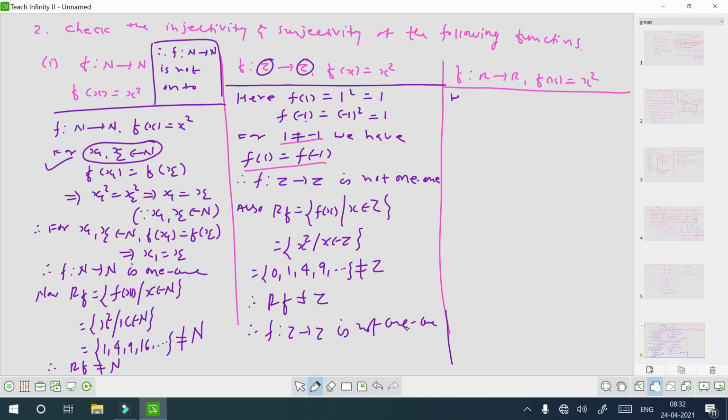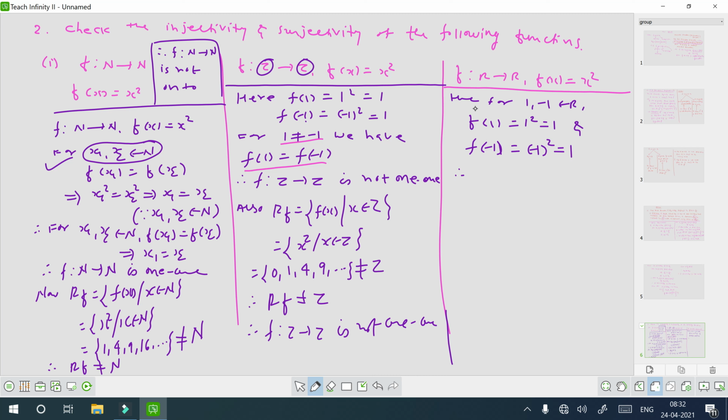Same way, here you can take any real number, positive or negative, and the square always gives us a positive number. For 1 and minus 1 belonging to R, f of 1 is equal to 1 square, which is 1, and f of minus 1 is equal to minus 1 square, that is also 1.